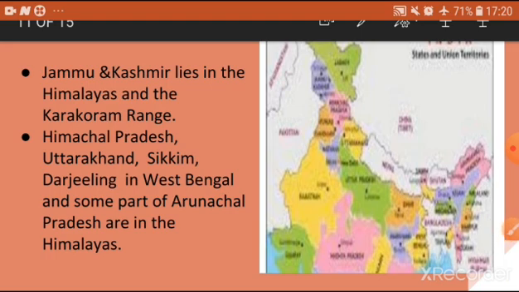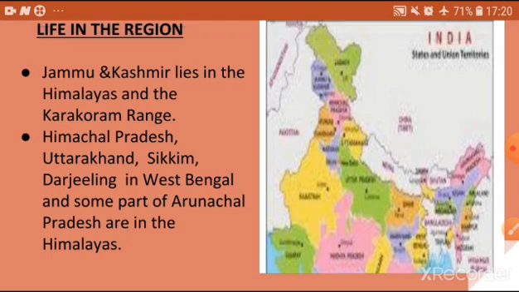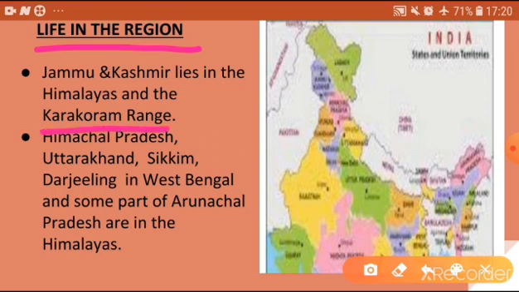Himachal Pradesh, Uttarakhand, Sikkim, Darjeeling in West Bengal and some part of Arunachal Pradesh are in the Himalayas. See, in this slide you are going to learn about the life in these ranges, that means Himalayas and Karakoram range.